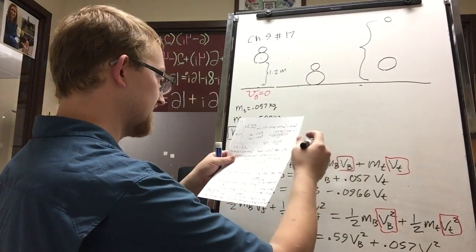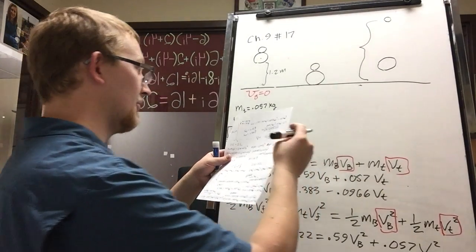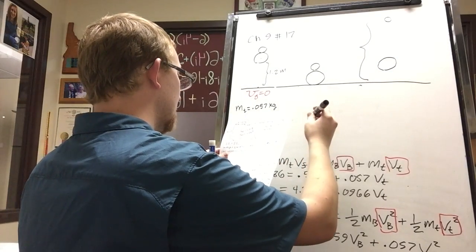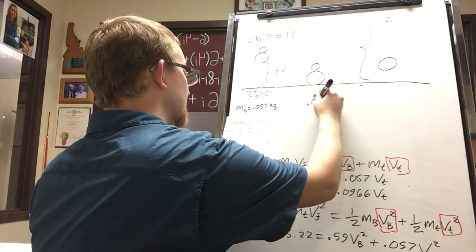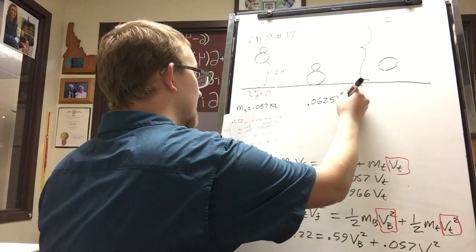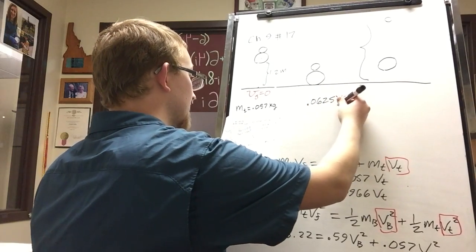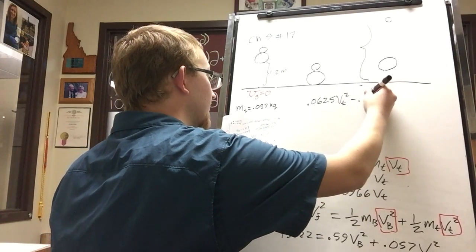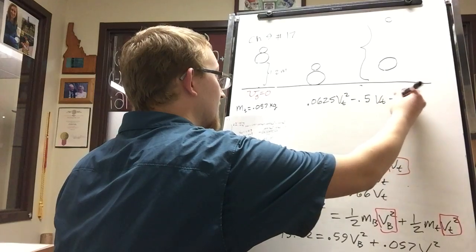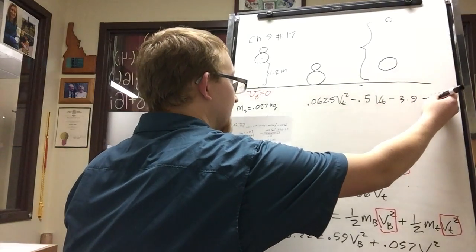I'm not going to screw up a second video. So what I end up getting when I do all that is I end up with a quadratic equation that is 0.0625 V of the tennis ball squared minus 0.5 V of the tennis ball minus 3.9 equals 0.